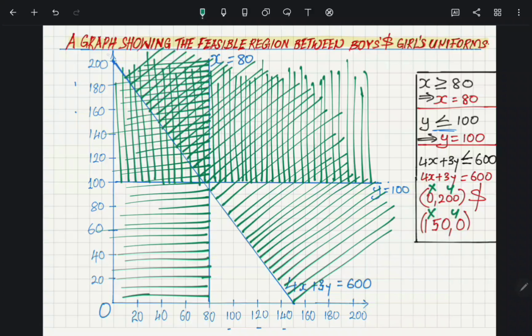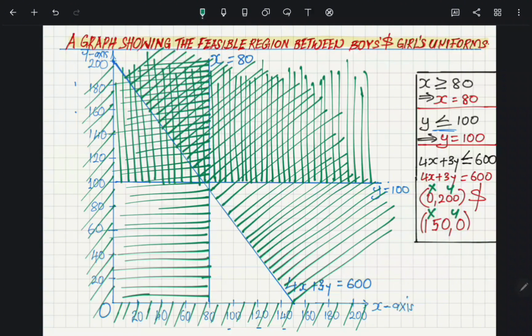Now for us here, we forgot to label the x-axis and the y-axis. That's a blunder. If you forget to label the x and the y-axis, they can even cross your whole graph without marking it. So let us label our x and y-axis, and we shade the negative sides which do not satisfy the conditions. And there, now we have finished labeling our axis, and we have also shaded the unwanted parts of the axis, that is to say the negative sides of the axis.